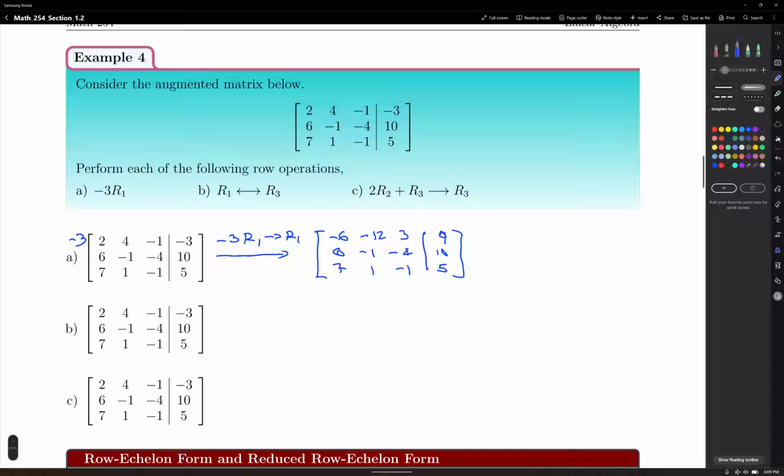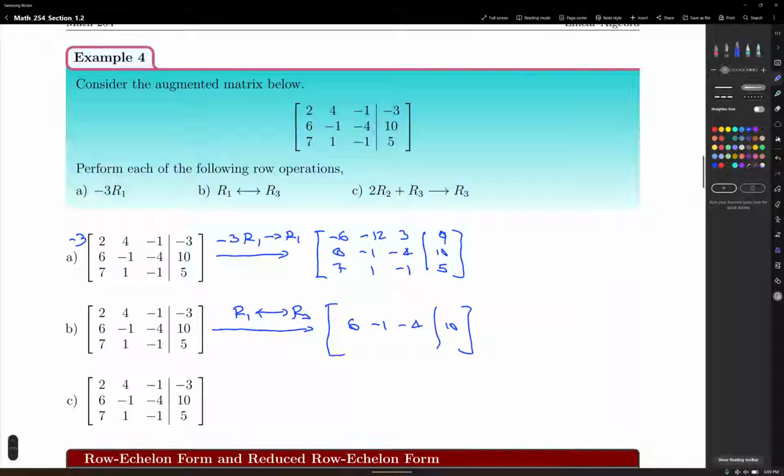Okay, guys, so for the same matrix, letter B, they're asking us R1 double arrow R3. What does that mean? This means to interchange row 1 with row 3. Again, the second row remains the same: 6, negative 1, negative 4, 10.